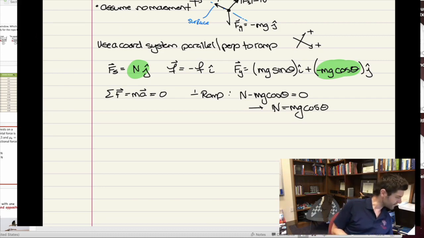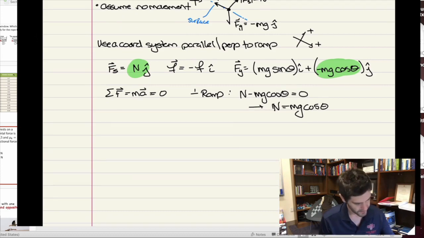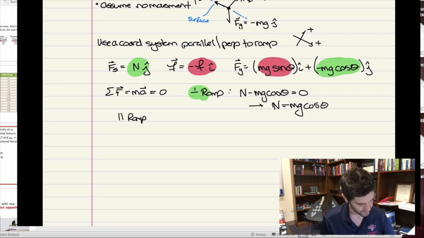Did I calculate this in advance? I did not. So now we can look parallel to the ramp. If this was green, I might say parallel to the ramp is the i component.